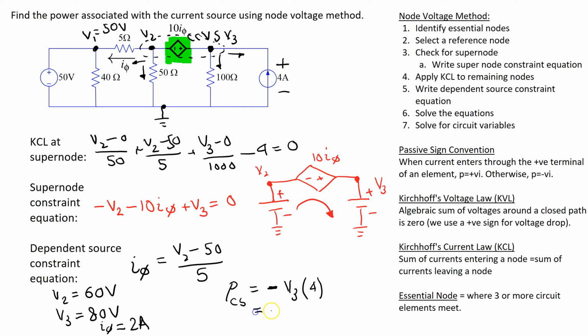Now substituting values, we get minus 320 watts. The final answer is negative, and this means that in accordance with the passive sign convention, this current source is supplying power to this circuit.